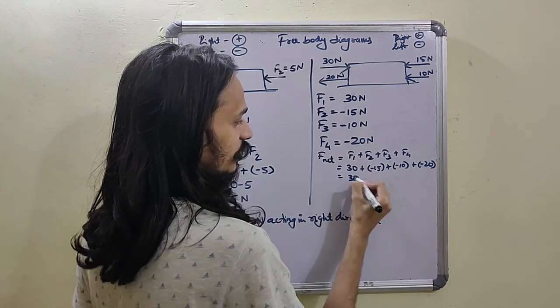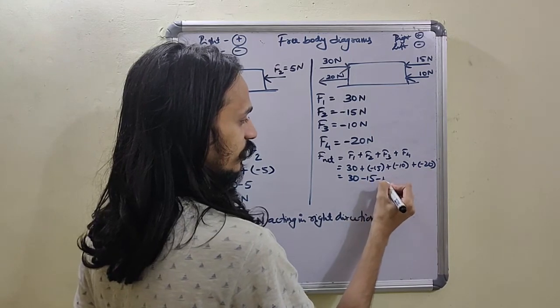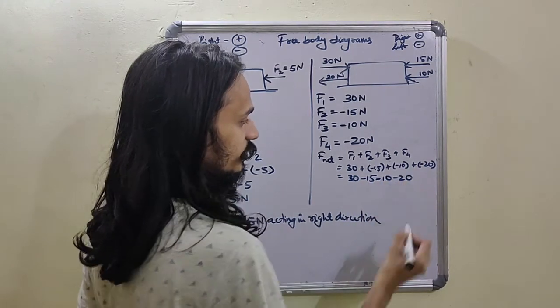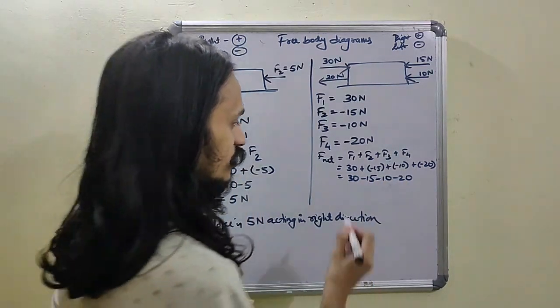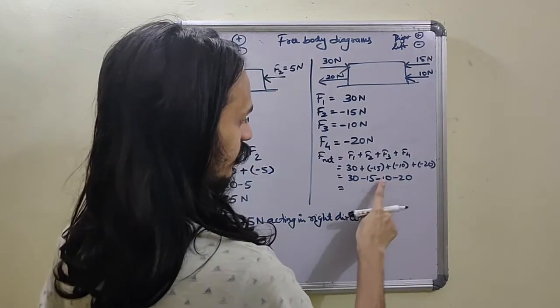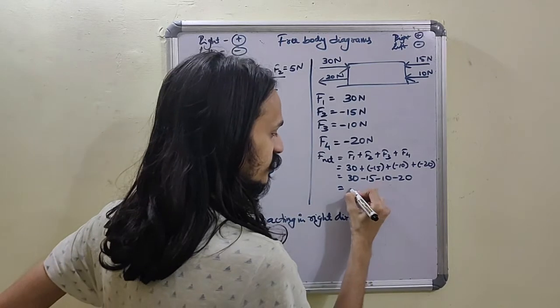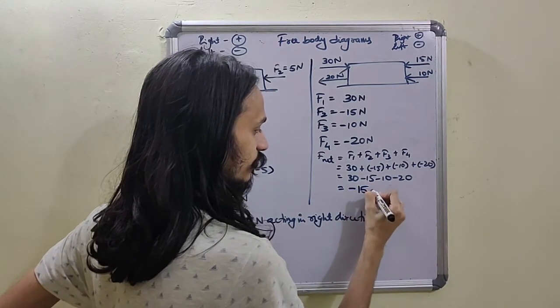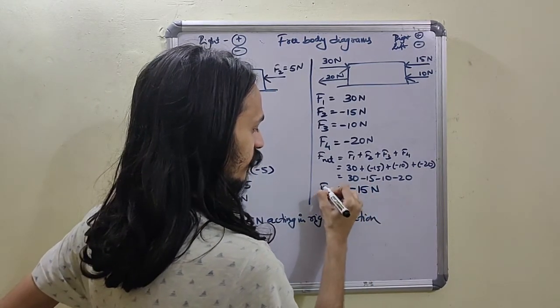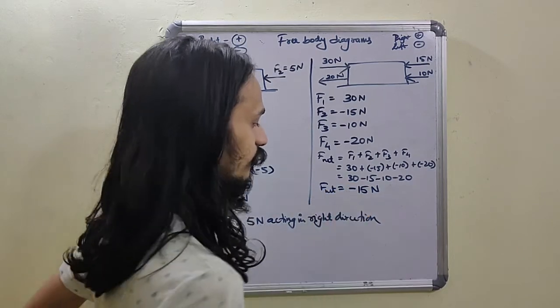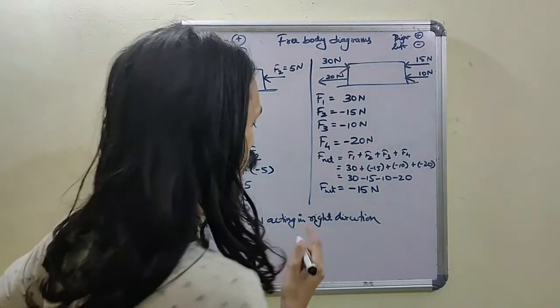That is 30 minus 15 minus 10 minus 20. If I simplify this, 30 minus 10 is 20, 20 minus 20 is 0, and the remaining is minus 15. So my net force is minus 15 newtons.